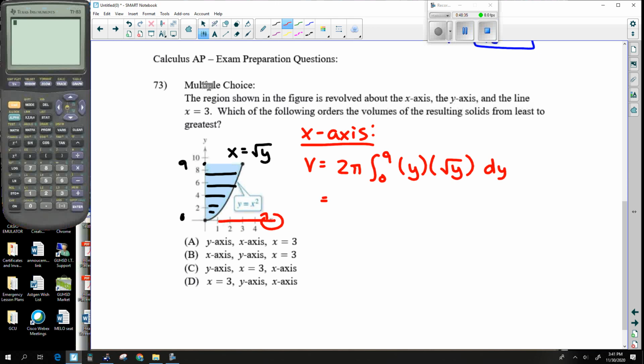As I said, I'm going to use my calculator to do this because I really don't care anymore. So this is going to be with respect to, I'm going to call it x, from 0 to 9. And then I have to multiply this by 2 pi.